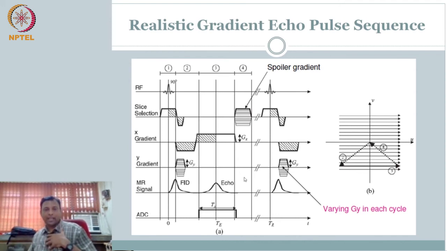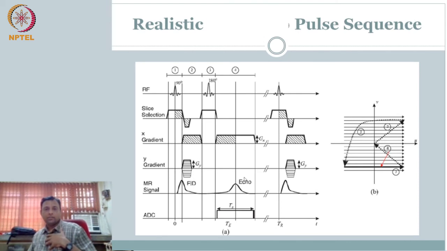So can we do the same exercise for the next sequence? Can you recognize what this sequence is? Well, everything else is the same as the previous slide. What is different here is, you see this is the echo signal that you are measuring, but in the echo signal I have a 180-degree pulse.